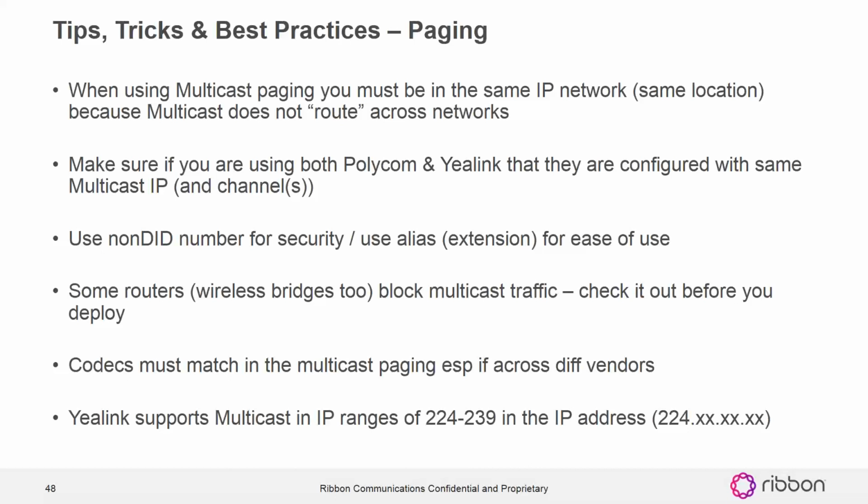If you're going to mix and match Polycom and Yealink or different phones, make sure the codecs match in the multicast paging. Yealink supports multicast in certain IP ranges to listen for that broadcast, which is the first part of the IP address. I think 224 is the default one they use, but you'll want to make sure you're in that range.